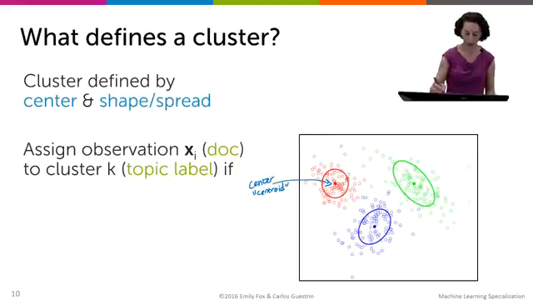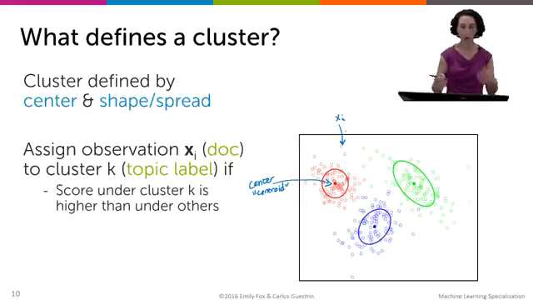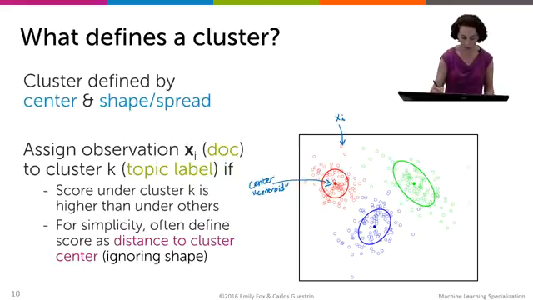And then when we have a given observation, again, observation xi, which is a specific document, the way we think about assigning that document to a given cluster is based on something we'll call the score under each cluster. So often we just think about defining the score as the distance to the cluster center.